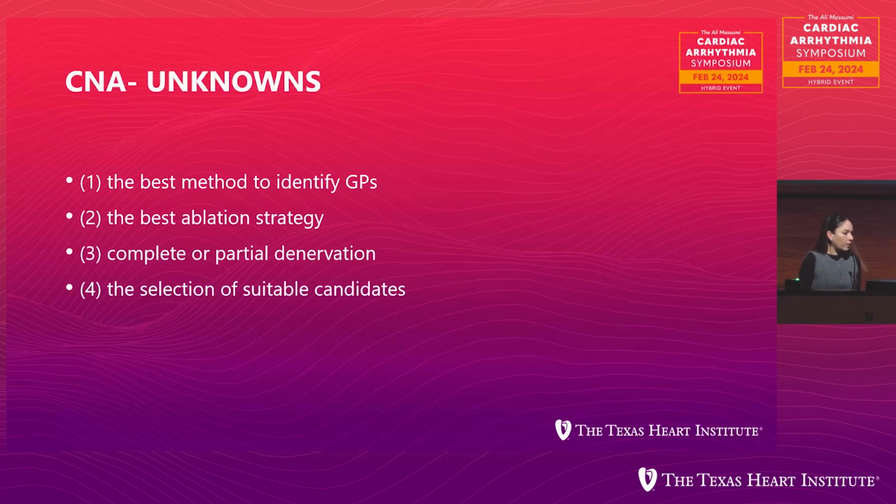So again, a lot of unknowns. We don't know what is the best method to identify the ganglionated plexi during the ablation, the best ablation strategy, because again, these are not well-studied. Complete or partial denervation, what's better, and the selection of the suitable candidates.